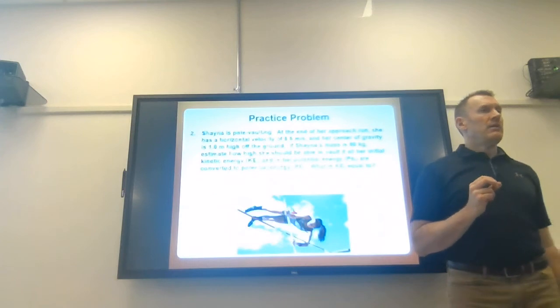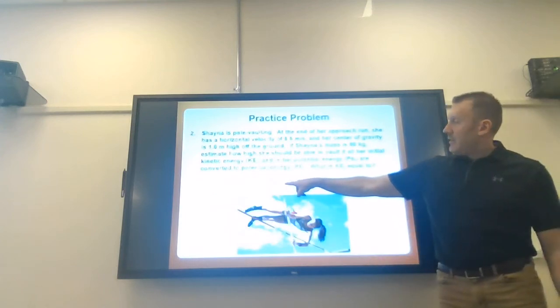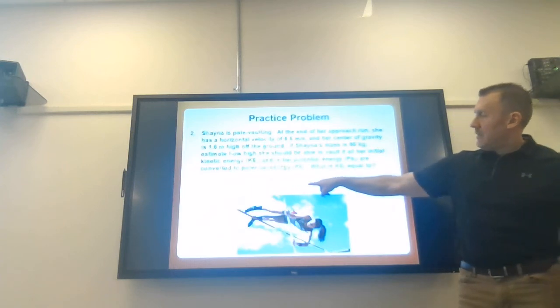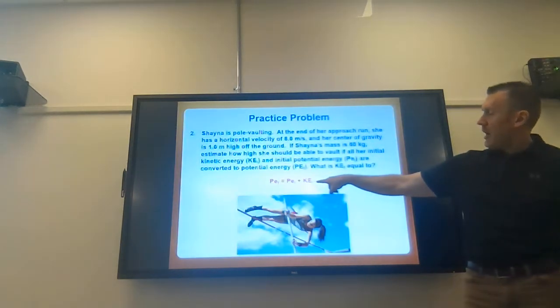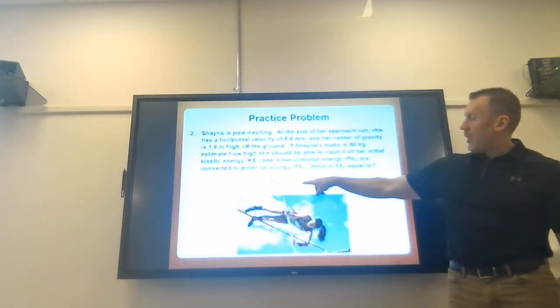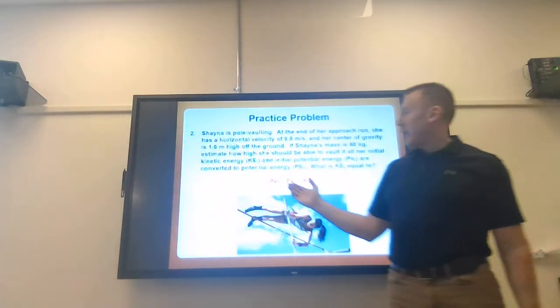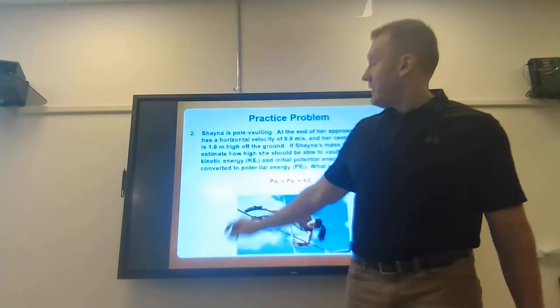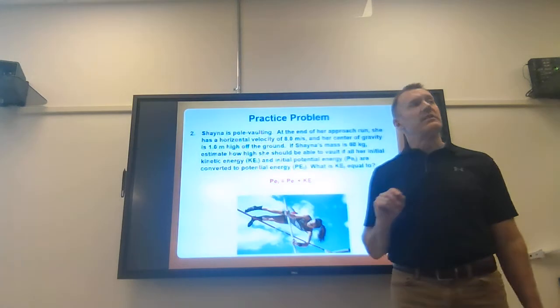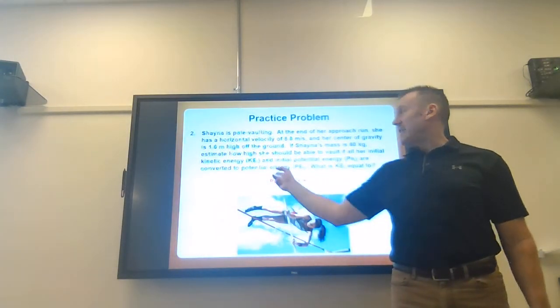Okay. So once you've got all that written down, I want you to draw a great big line under all of the PEI stuff and all of the KEI stuff. How can you solve for h on this side of the equation? What do you need to do to solve for h? How do you get h all by itself?